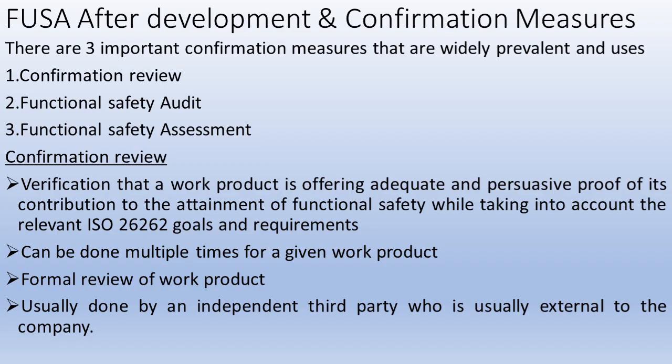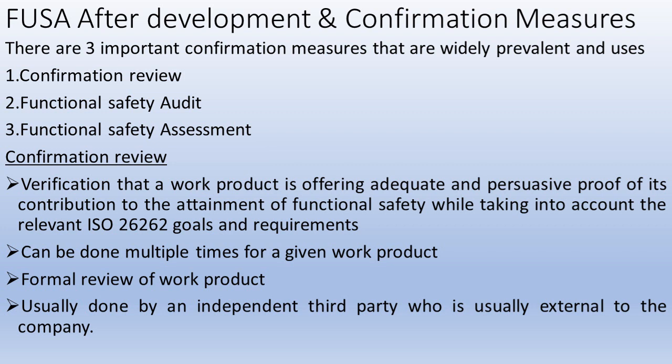What is meant by confirmation review? Verification that a work product is offering adequate and persuasive proof of its contribution to the attainment of functional safety, while taking into account the relevant ISO 26262 goals and requirements. A confirmation review can also be done multiple times for a given work product.